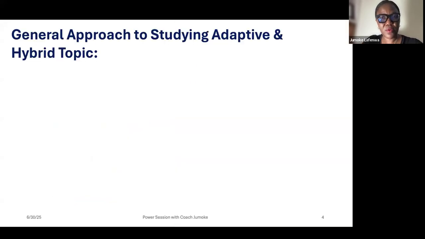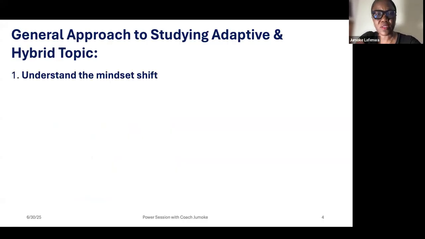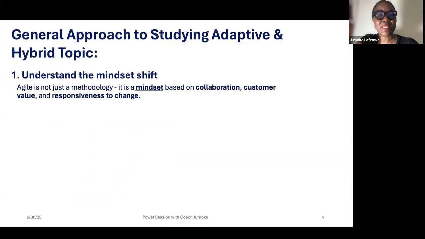Generally, the topic we'll be looking at is understanding that your mindset has to shift. Understand the mindset shift, because Agile is not a methodology. It is a mindset that is based on collaboration, customer value, and responsiveness to change.